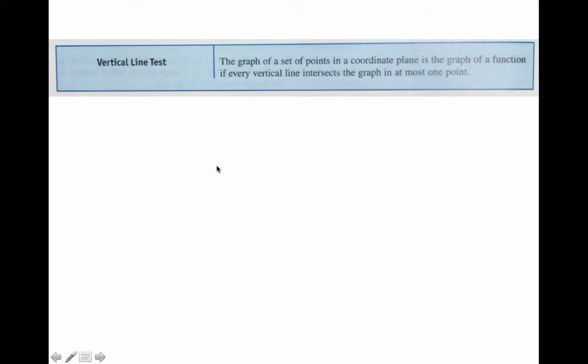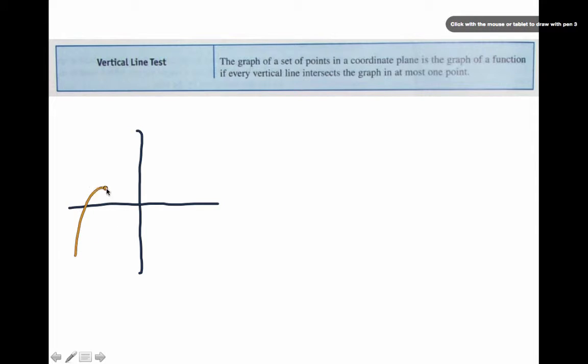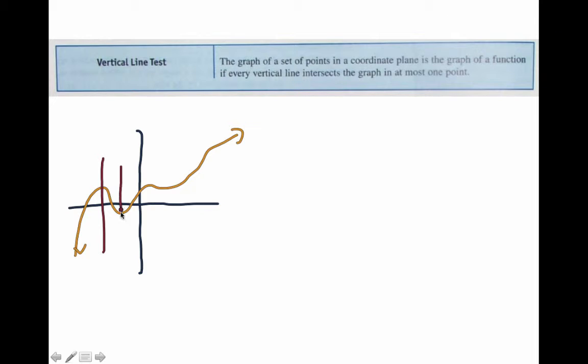So we've got this visual test. I've got an XY plane here. This here is a function. Excuse my poor drawing. But I know it's a function because everywhere I draw a vertical line, it only hits the graph once. Cool?